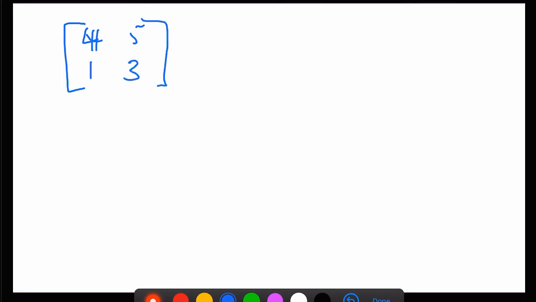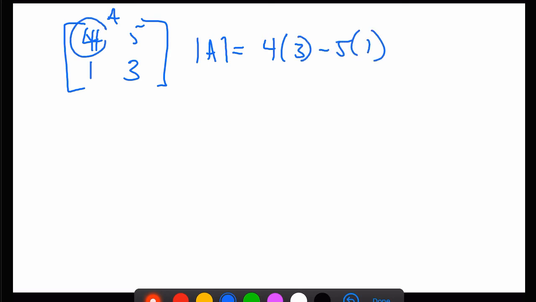Okay? So if this is A, determinant A would be 4 times 3 minus 5 times 1. Okay? I take the 4. I eliminate the row and the column. I have a 3. I take the 5. I eliminate the row and the column, and I have a 1.